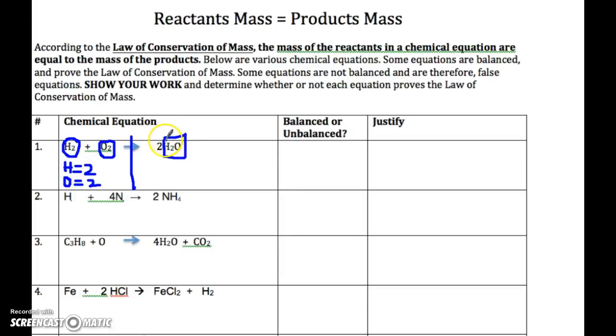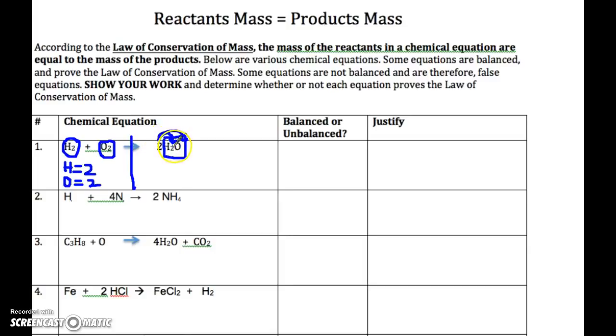Now in this case, I have 2 hydrogen atoms, but this coefficient on the outside means that I have to use something like a distributive property in math and multiply that coefficient times everything in the house. So instead of drawing all the bubbles, I can just multiply the coefficient times all the subscripts.